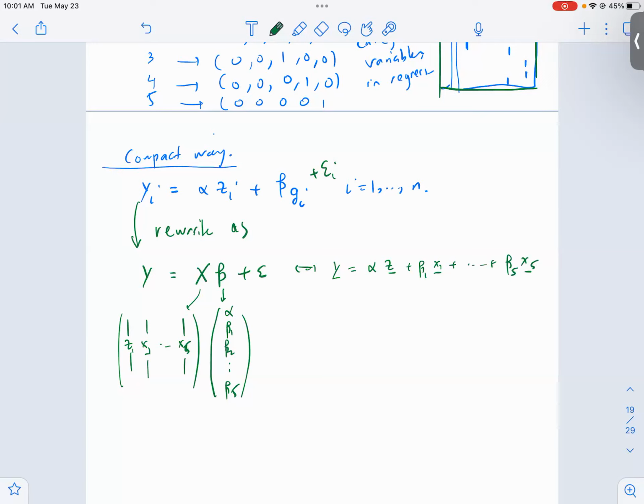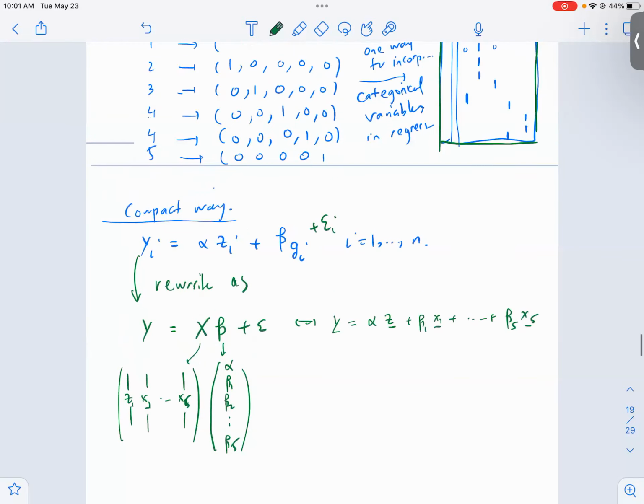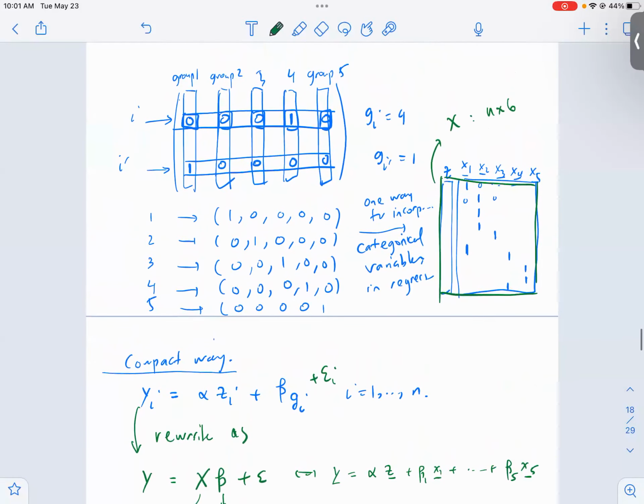And all of the ones from beta 1 x1 to beta 5 x5, those would all be constant. Can you say that again? So all of those would be constant, because we can't really plug in a value for x. We can think of it as a variable. No, x at this point is either 1 or 0. So you only take the one that you want.